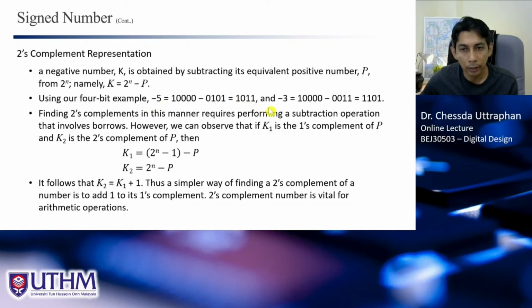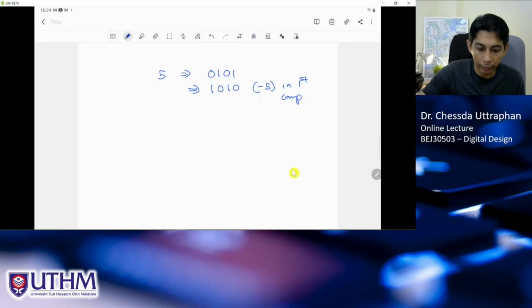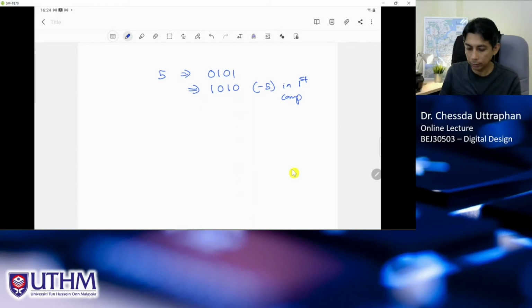And if minus 3, this is minus 3. Or we can just use hand calculation, where number 5 is 0 1 0 1, and we complement every bit.